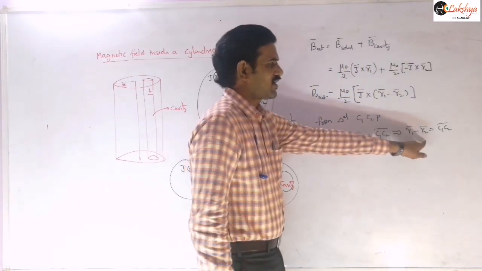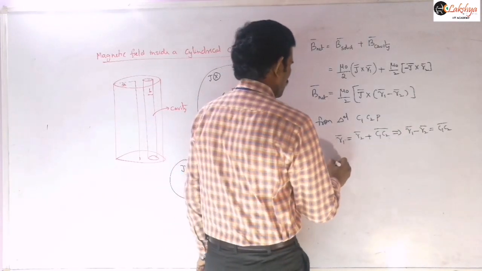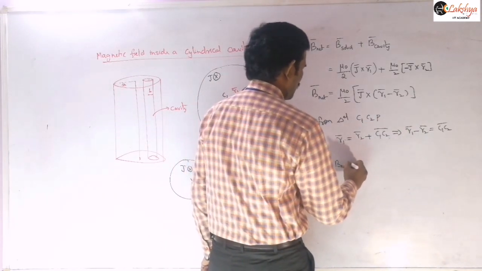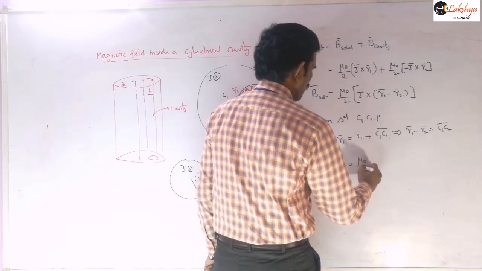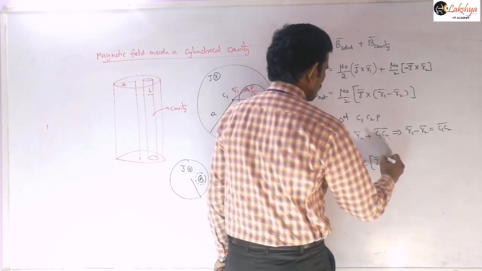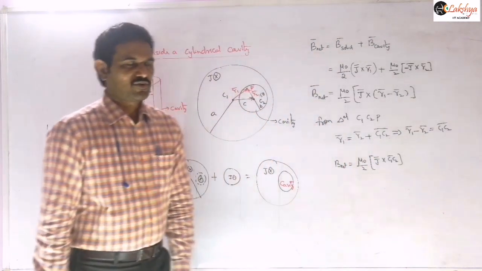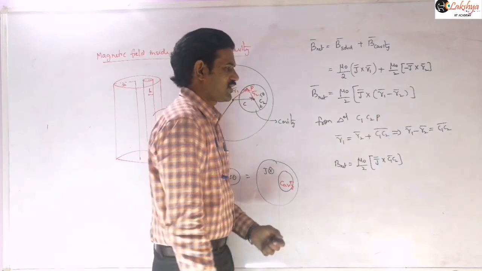So R1 bar minus R2 bar you can replace with that. Therefore this net magnetic field here is mu naught by 2 into j bar cross C1 C2 bar. Right? So that is our replacement of R1 bar and R2 bar.